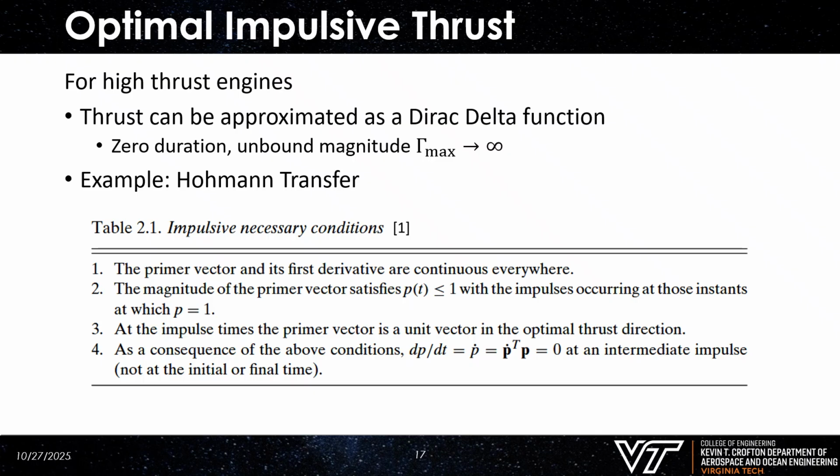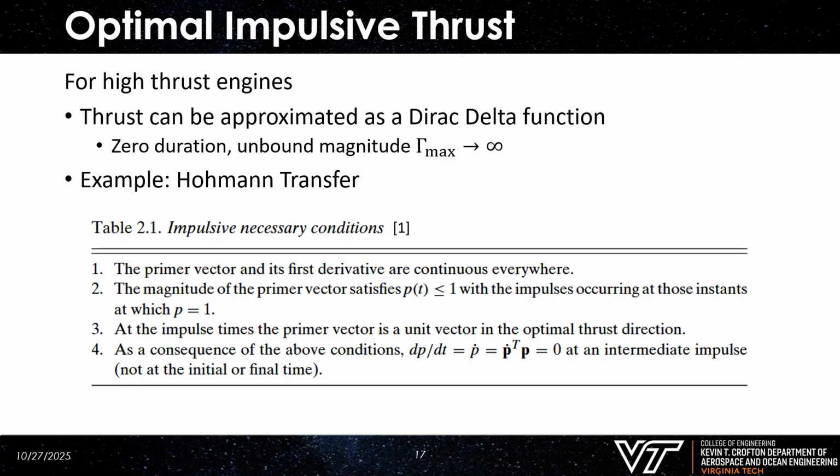When we're using optimal impulsive thrust, we have a set of impulsive necessary conditions we must meet. First of which, we want to make sure that the primer vector and its first derivative are continuous everywhere. The magnitude of your primer vector is always less than or equal to 1, at which the impulses occur at those instances at which p equals 1, for reasons I mentioned earlier. At the impulse time, the primer vector is a unit vector in the optimal thrust direction.